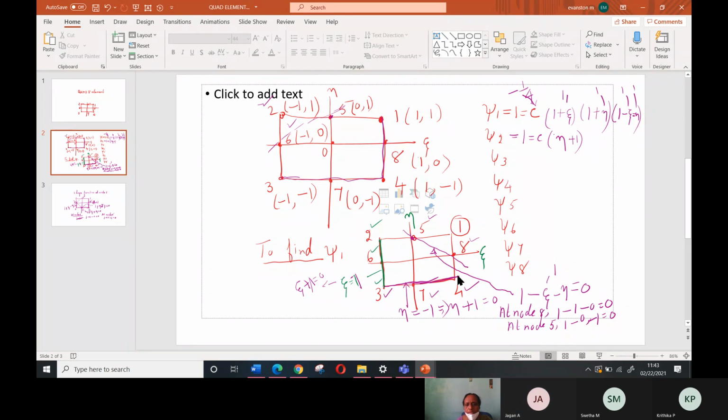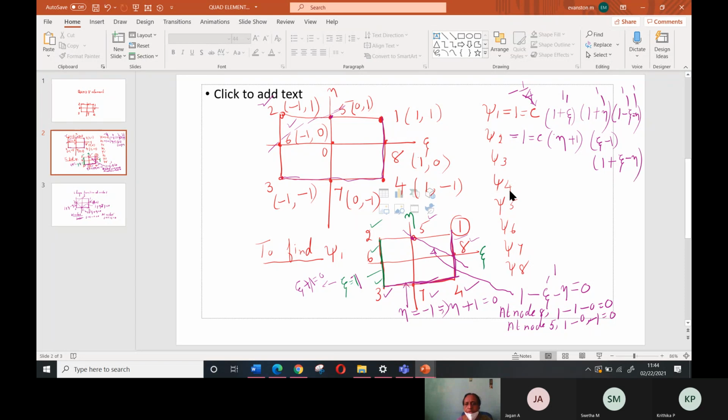What about this one? The equation of this line is xi minus 1 and xi minus 1. Then what is the equation of 6? 1 plus xi, psi minus eta.